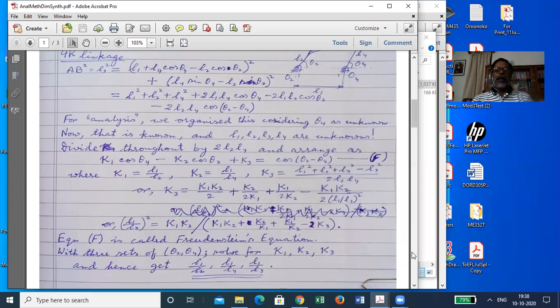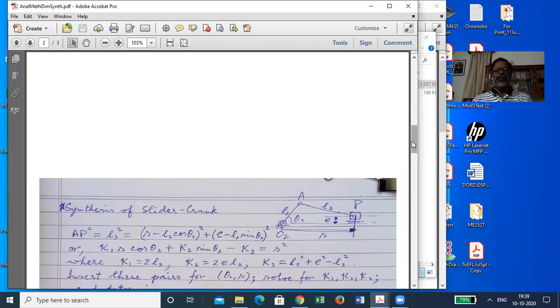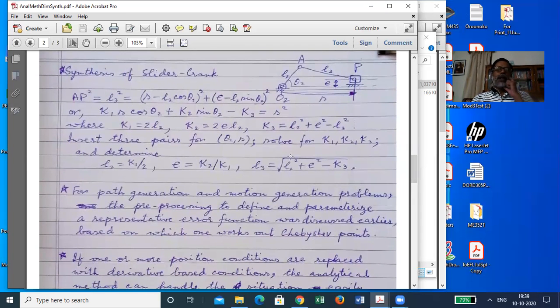Now, the slider crank also you can handle similarly. This also we have done earlier. So here you impose AP square as L3 square, where A is (L2 cos theta 2, L2 sin theta 2), and P is (S, E).